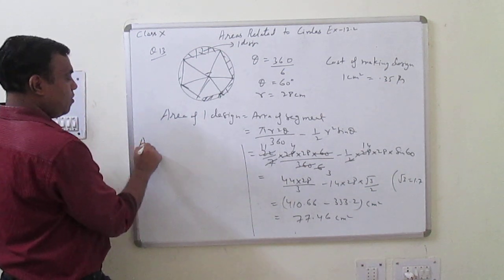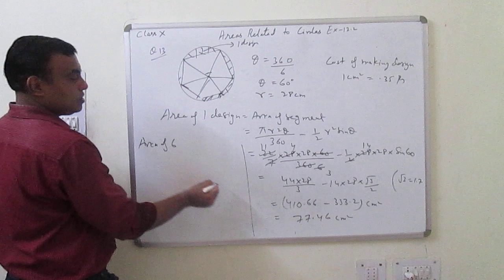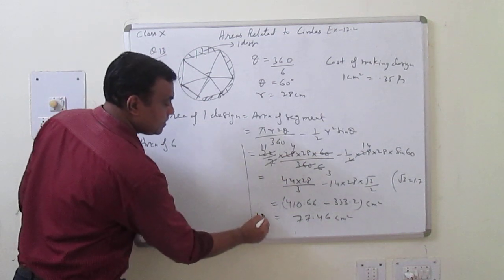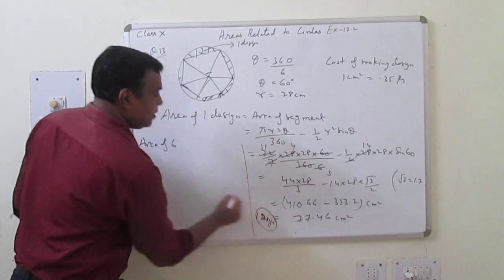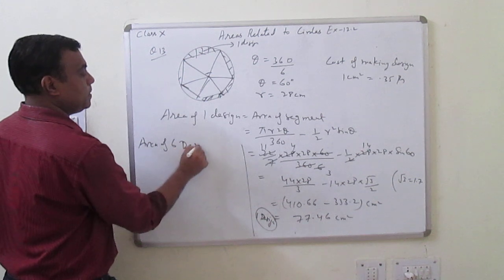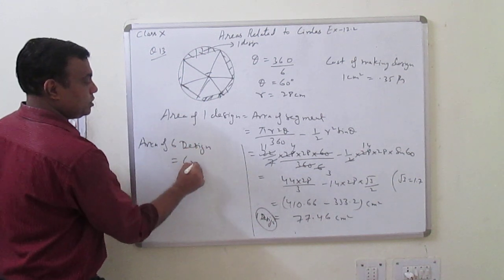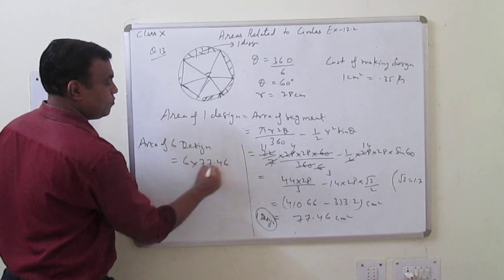So area of 6 designs is equal to 6 into 77.46.